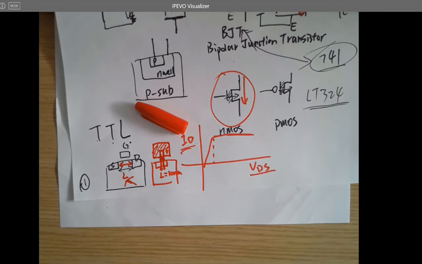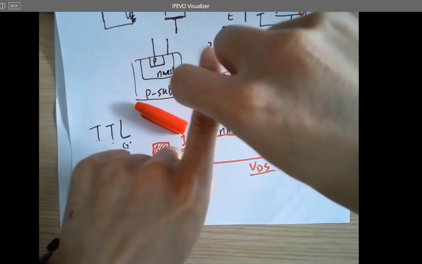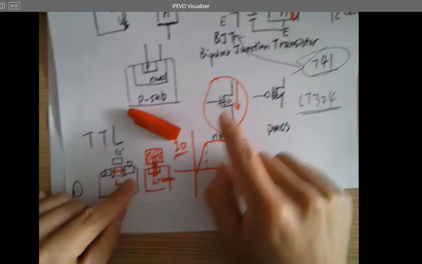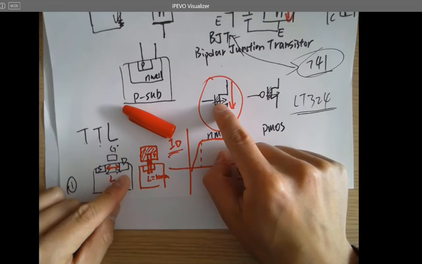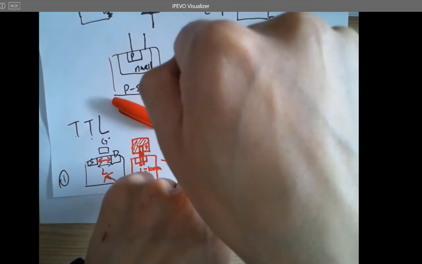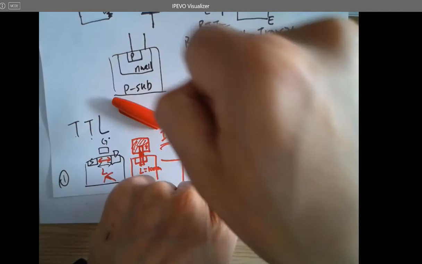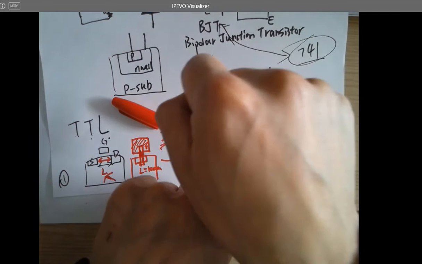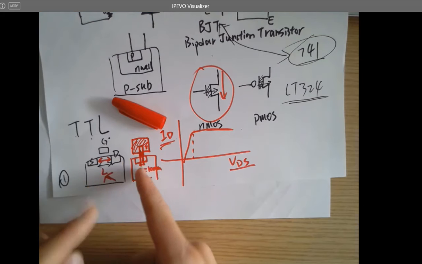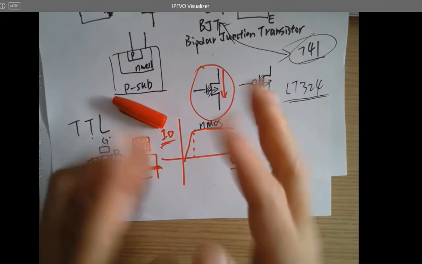The channel is super thin right now, and I have a gate on the top because there's a little oxide layer in between. It's not even touching the channel. And you want to use the gate to control the on and off status of the channel. It's going to be harder and harder as this is scaled down and getting smaller and smaller, right?